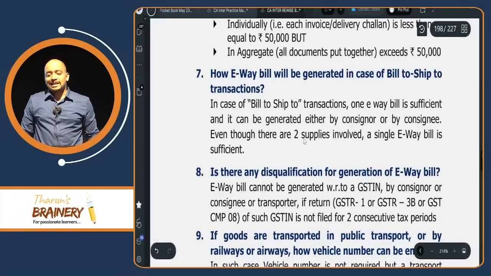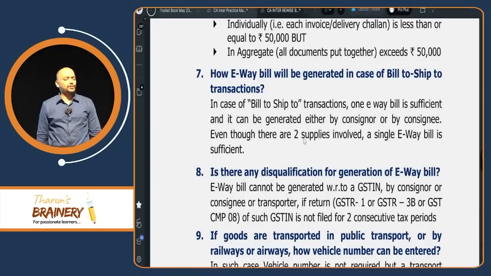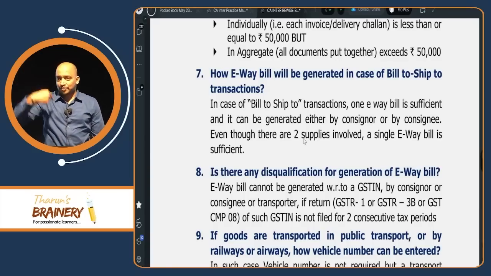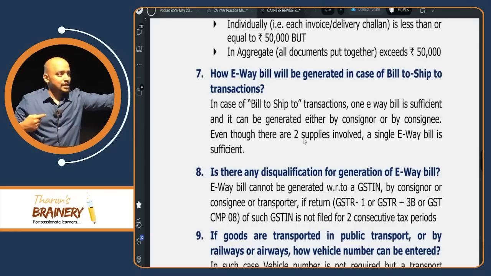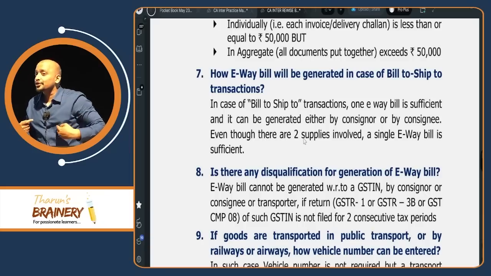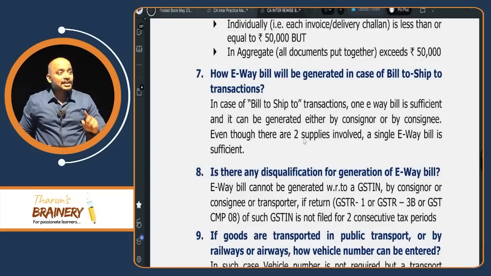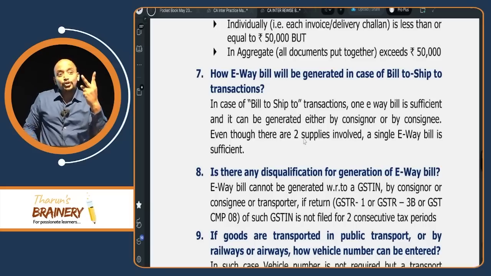How will e-way bill be generated in case of bill to ship to transaction? What does bill to ship to transaction mean? You are placing an order with me to deliver the goods to your customer. So you will be my billing address and your customer is my shipping address. Now there are two supplies.